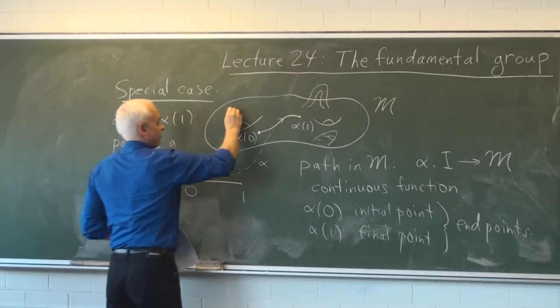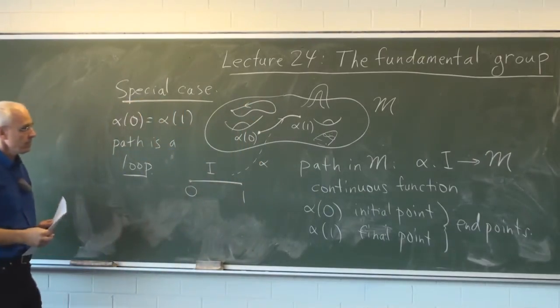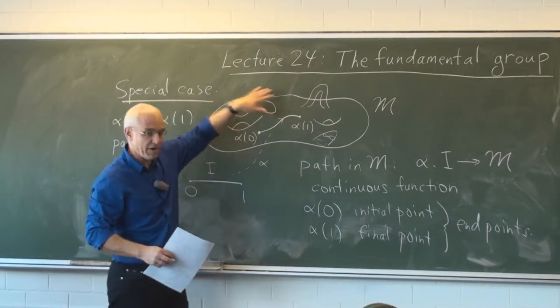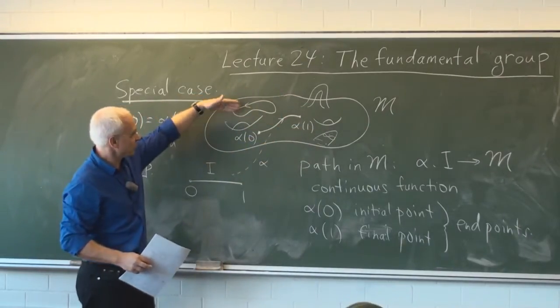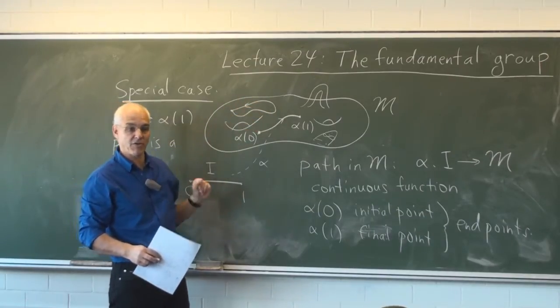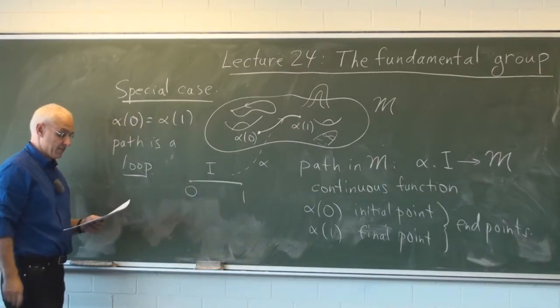That would be like this, perhaps. The actual image of the path can wander around wherever it wants to. It's not constrained. It can cross itself, it can repeat itself, it can do whatever it wants. It can go around holes, just as it likes.